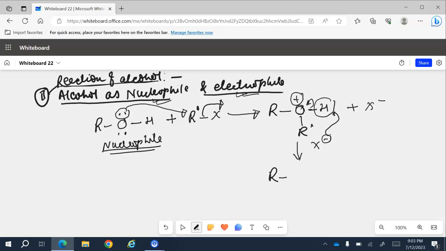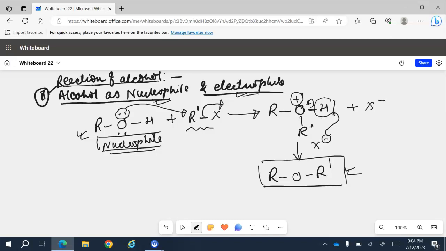That is how you can see it is forming the ether. So whenever alcohol is acting as a nucleophile upon reacting with alkyl halide, it can result in the formation of ether as the product. This is the example to show alcohol acting as the nucleophile.